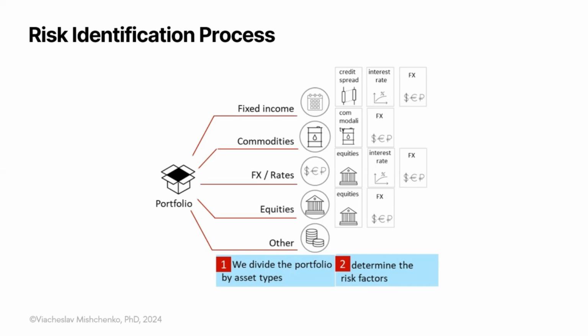Okay, let's go on, and then we will have to determine the specific risk factors for each asset type in our portfolio. This is usually crucial because it allows us to understand what market movements will impact our portfolio. And if you look at the diagram here, we've broken down a portfolio into fixed income, commodities, forex rates, equities, and others.